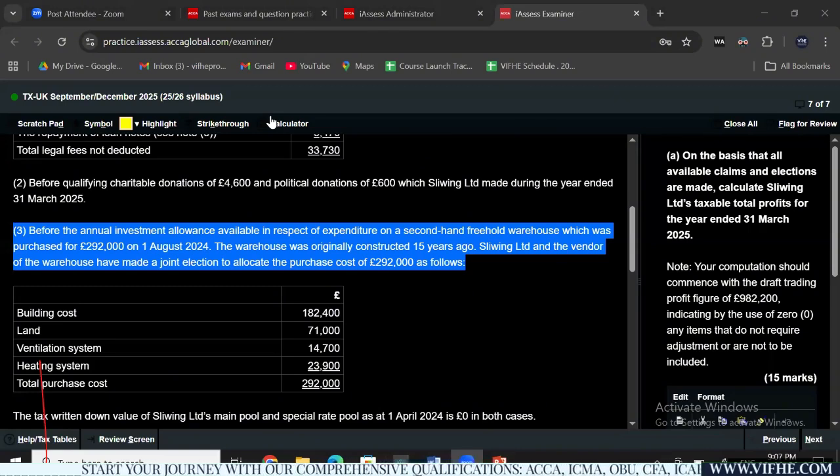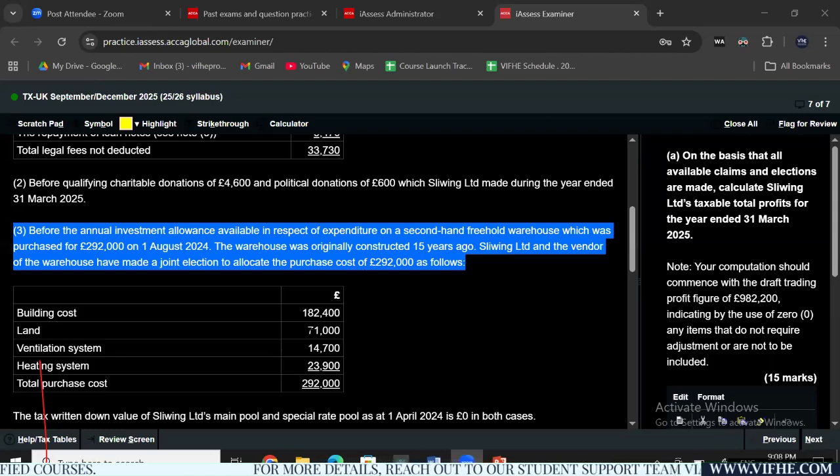Right? So it is said that before the annual investment allowance available in respect of expenditure on a second-hand freehold warehouse which was purchased for £292,000 on 1st August, the warehouse was originally constructed 15 years ago, and the company and the vendor of the warehouse have made a joint election to allocate the purchase cost of £292,000 as follows.